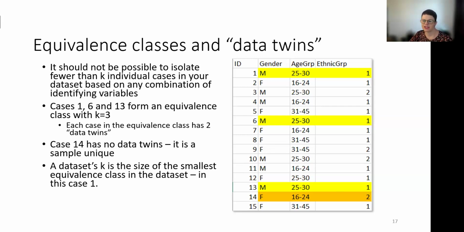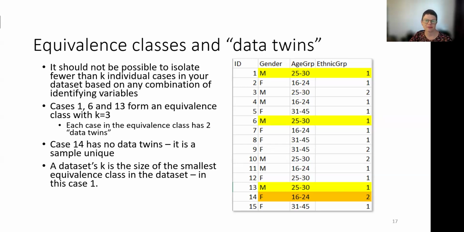So if an individual in the data set is male between 25 and 30 and belongs to the most common ethnic group, then for the data to have k-anonymity with k equal to 5, there must be at least 4 other individuals in the data set with the same set of characteristics. And this has to be true for every other individual in the data set. I call these data twins.